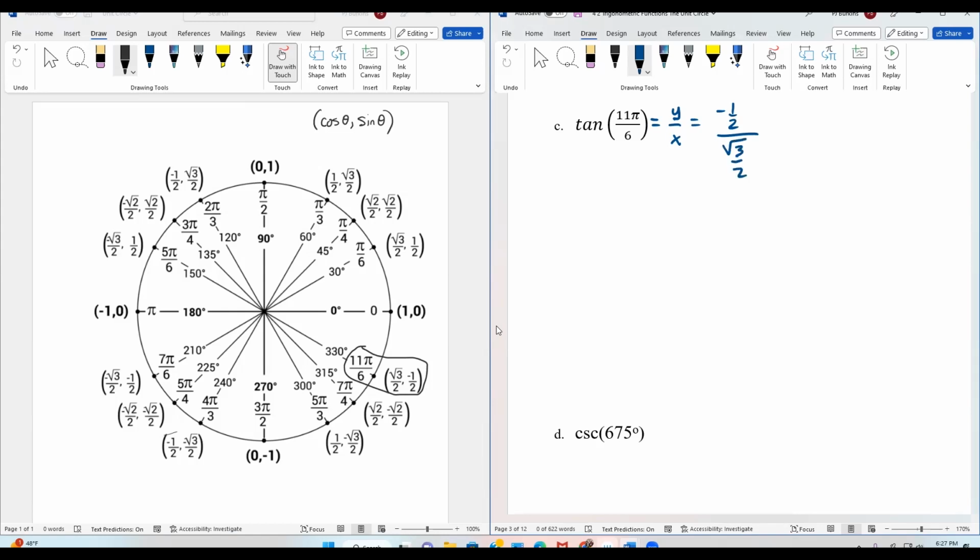I'm going to flip and multiply. Cancel what I can, so the 2's will cancel. And then I now get negative 1 over √3.